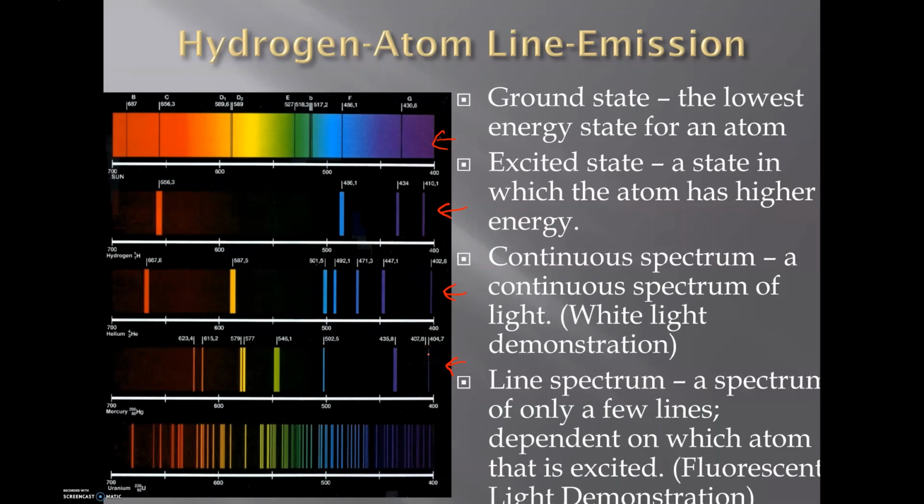If you take a fluorescent light and turn it on, and you use a special film held in front of your eyes, you will see these individual colors show up. These are the main colors that you see in a fluorescent light bulb. We call that a line spectrum. A line spectrum is just specific lines that show up within a spectrum, and the sun shows a continuous spectrum.